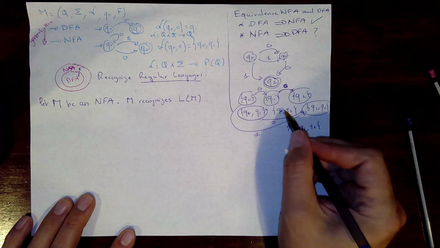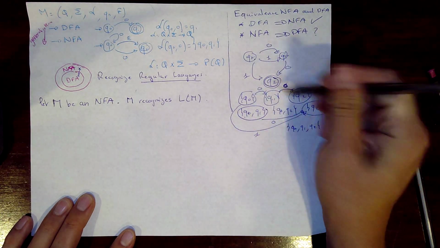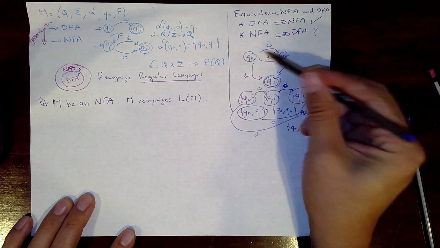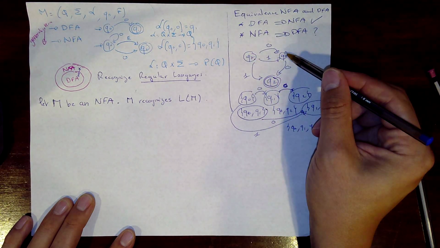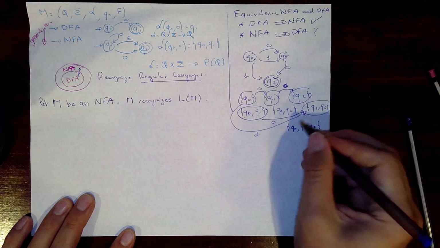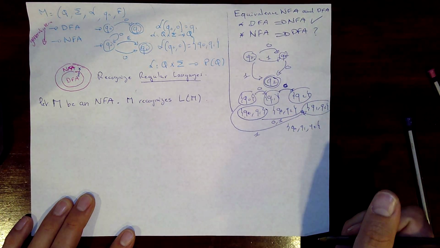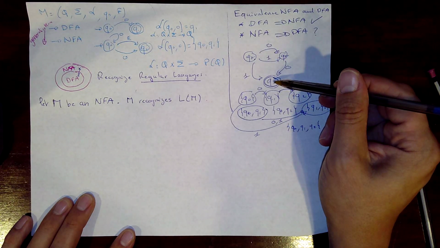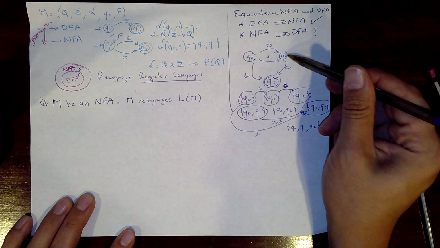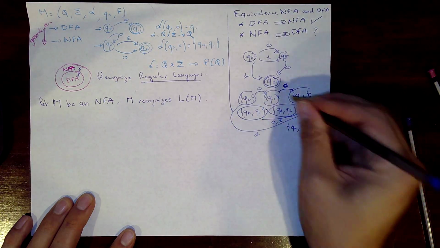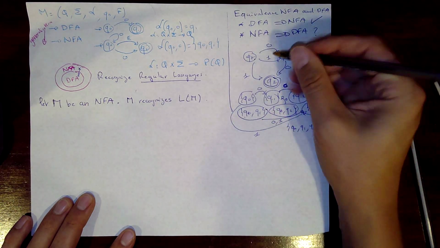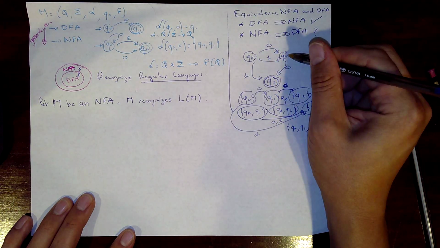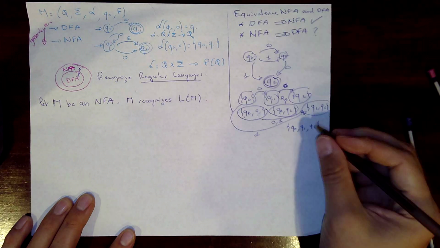And then Q0, Q1 with 1 also goes to Q1 and Q2, right? So 1 or 0. And now from Q0, Q2 with 0, you go only to Q1. And with 1, Q0, Q2 with 1, you go to Q1 or Q2, right?